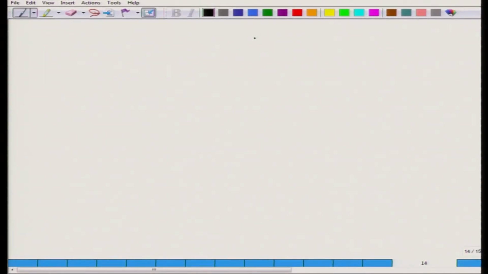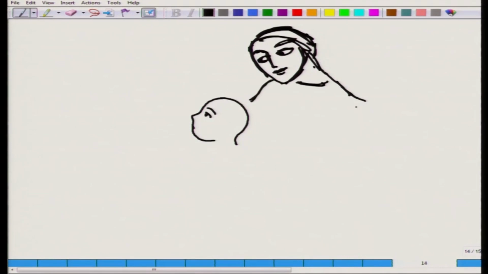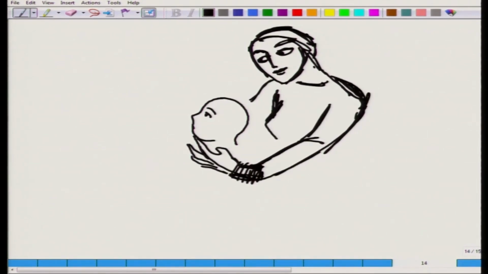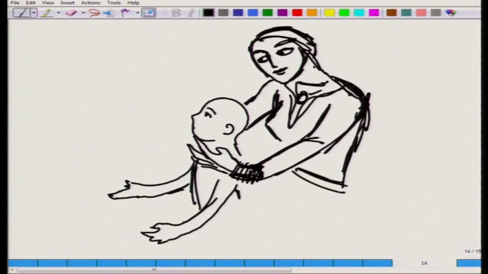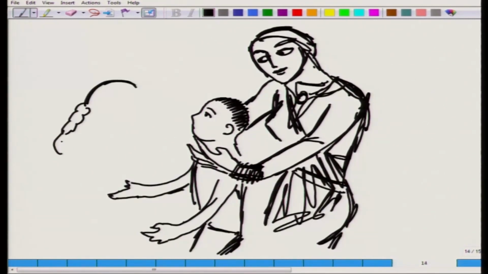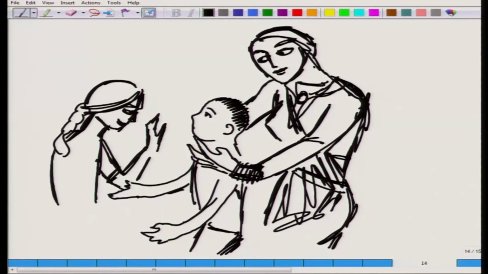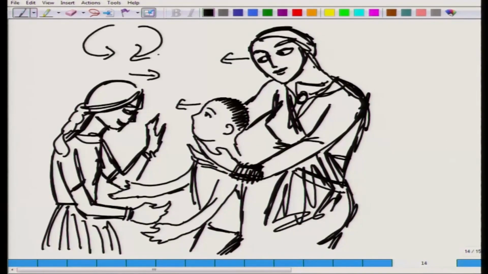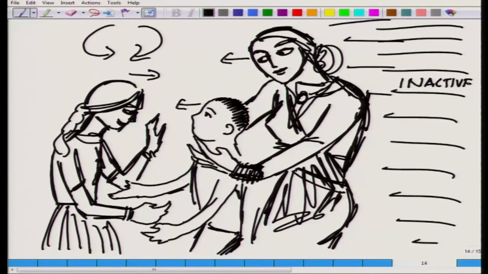Another example. So, when there is one asymmetry which is functioning very loudly, we can solve the problem by creating another factor from another direction.